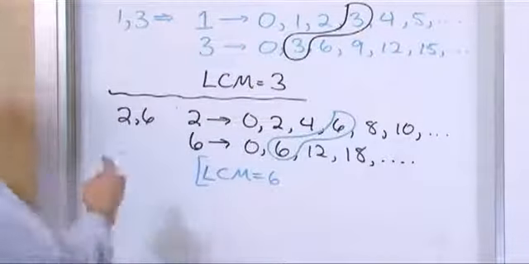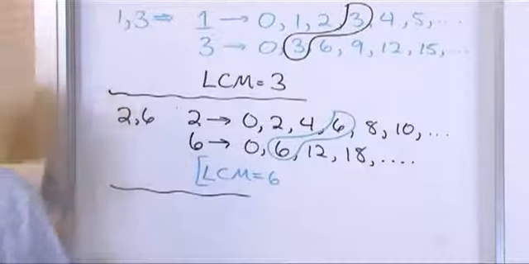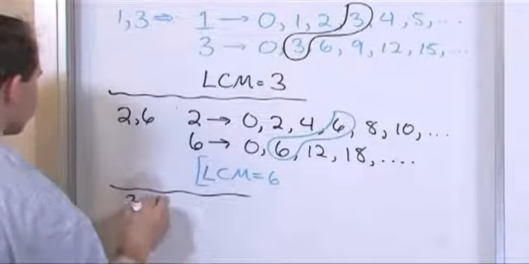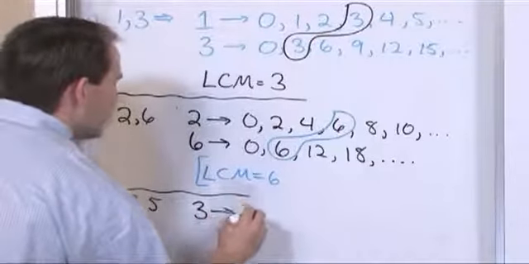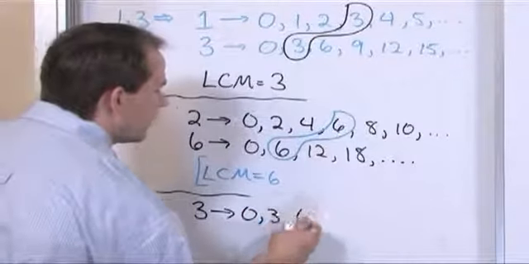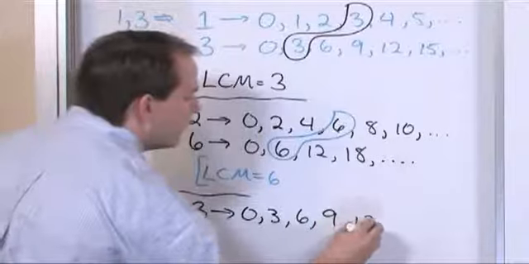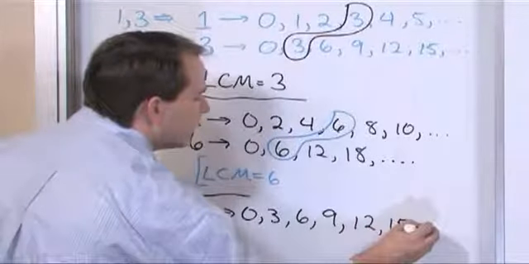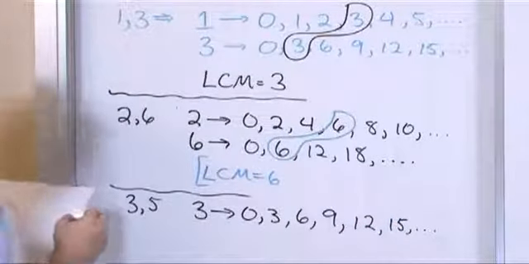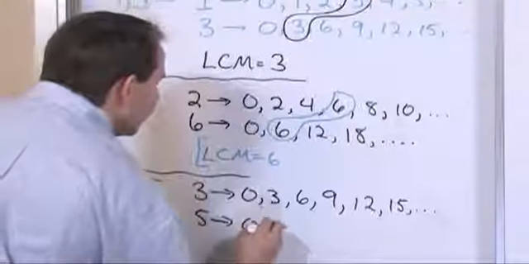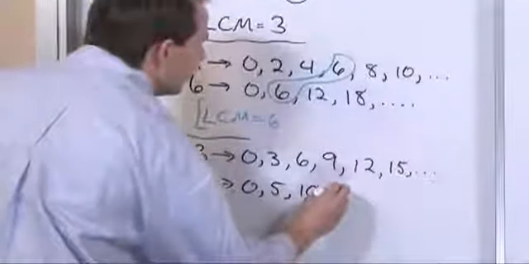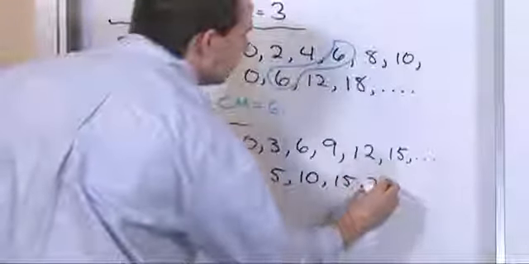All right, what about 3 and 5? Well, to find the multiples of 3, you count by 3s: 3, 6, 9, 12, 15, and so on. Keep on going if you want to. For 5: 0, 5, 10, 15, 20, and so on.